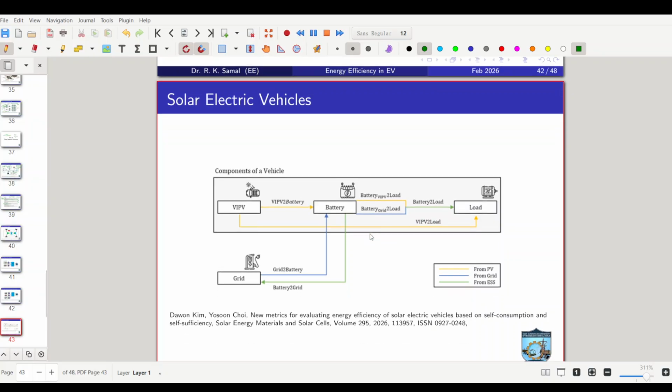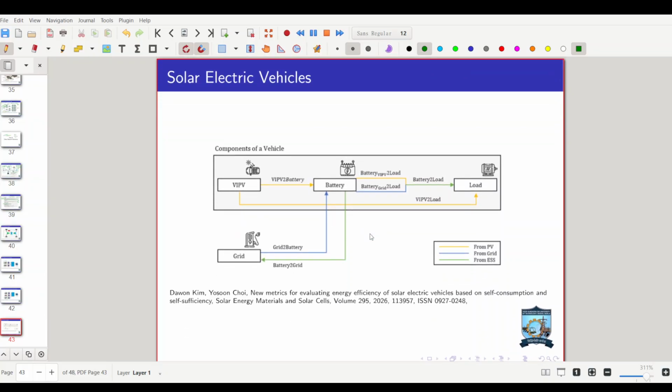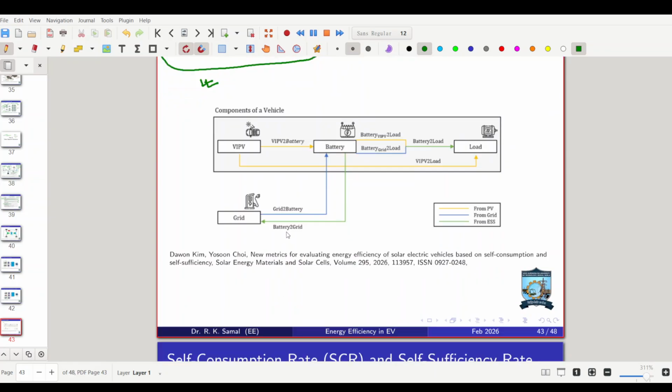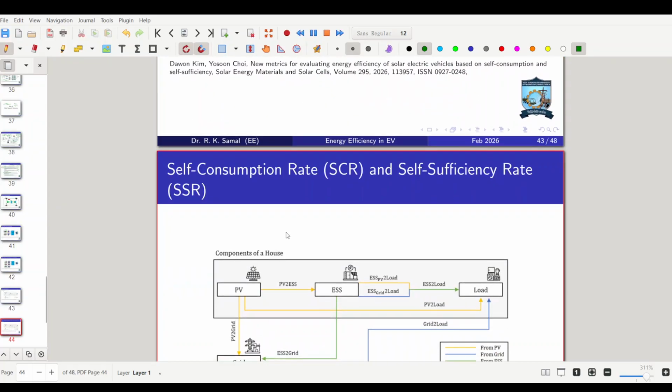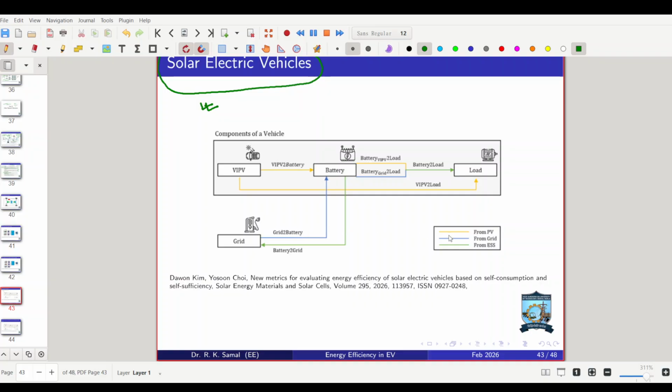And this is a new one that I found, where the source of the vehicle is solar. Many BTech or undergraduate students do such projects, and commercially small capacity vehicles are also available of this form, where you have a solar panel which directly charges the battery. Here, from PV, this orange line charges the vehicle.